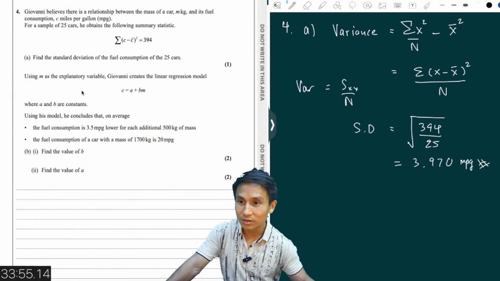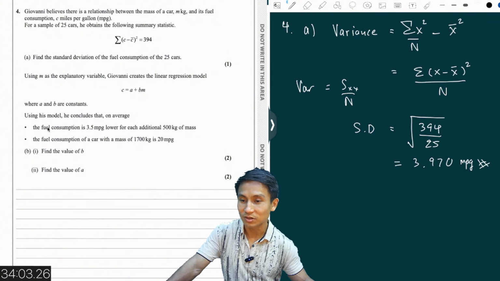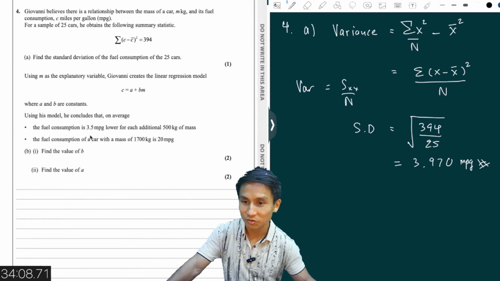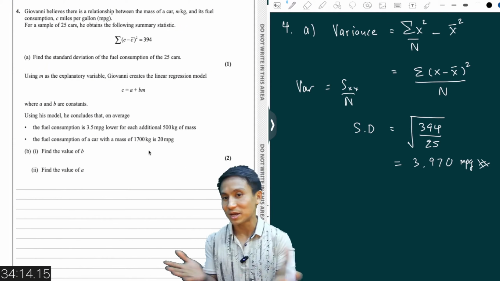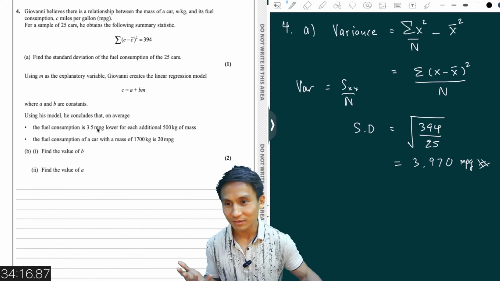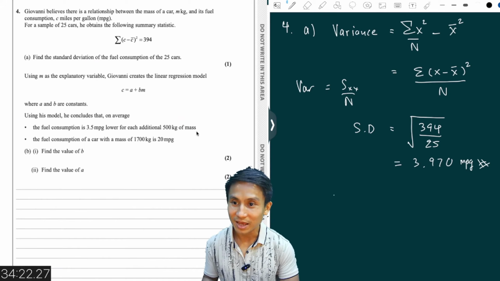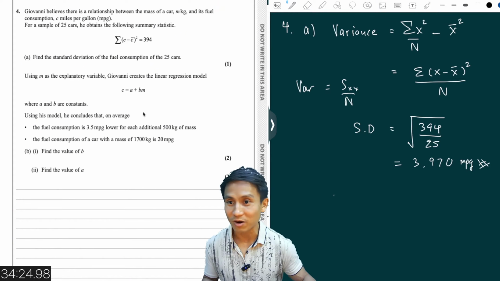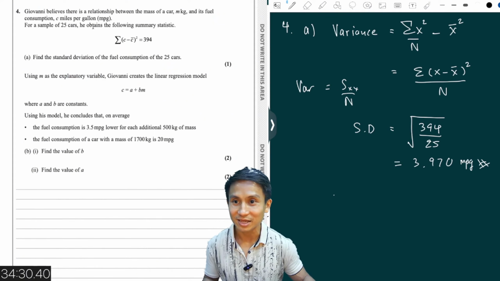Using M as the explanatory variable, Giovanni creates the linear regression model, where A and B are constants. Using his model, he concludes that on average, the fuel consumption is 3.5 lower for each additional 500 of mass. So that is basically telling you the gradient. For each additional 500 kilograms, M is the explanatory variable, the independent variable, and C is the dependent variable, which is the fuel consumption.